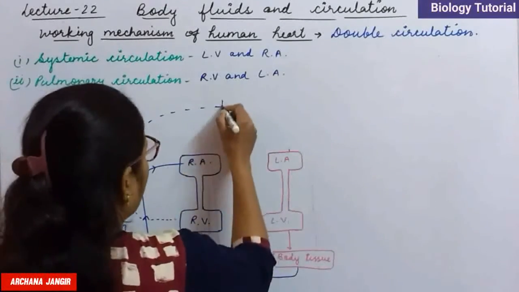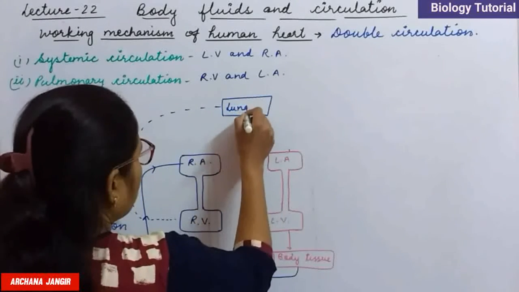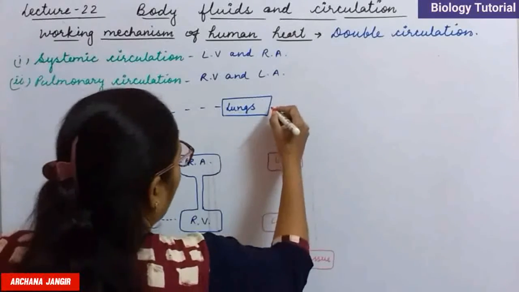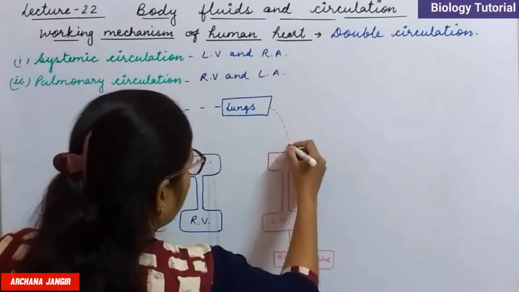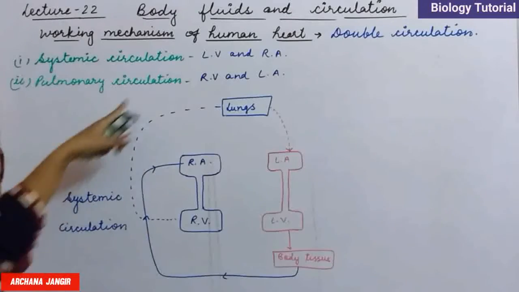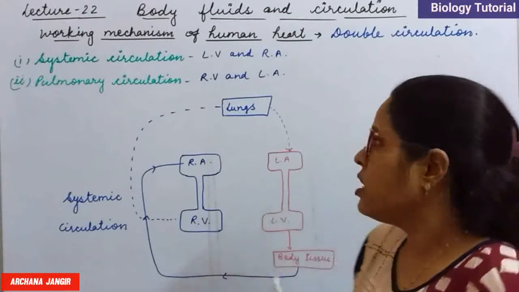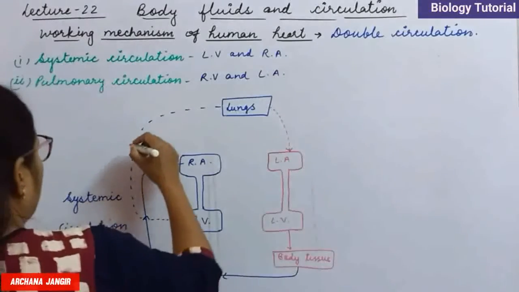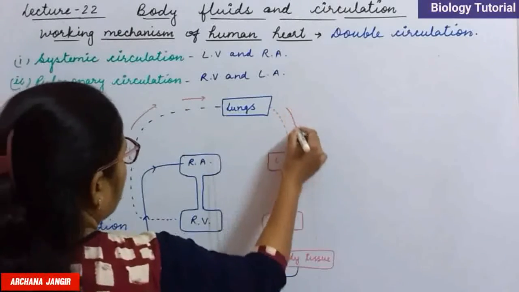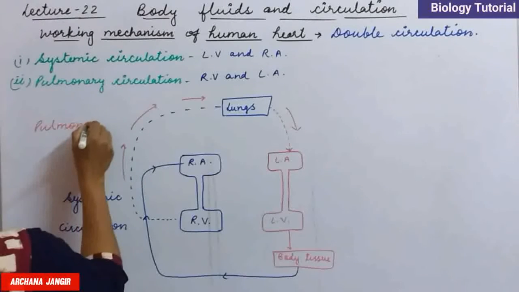The deoxygenated blood goes to the lungs for oxygenation, and after that the oxygenated blood comes into the left auricle. So here the second circulation is completed. This circulation is called pulmonary circulation.